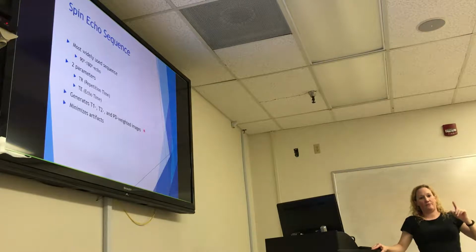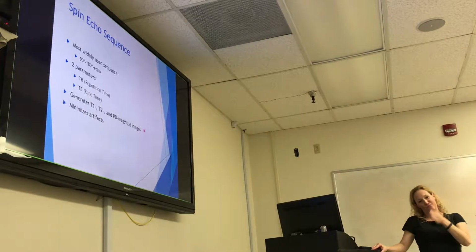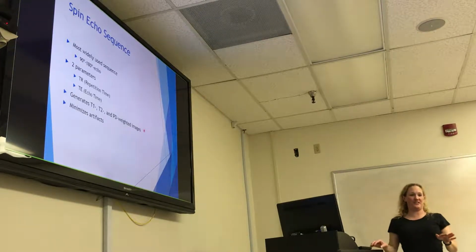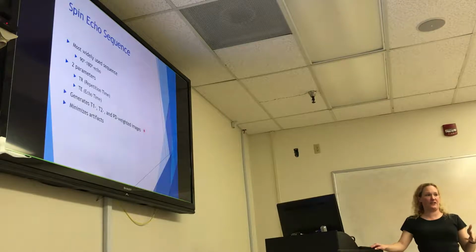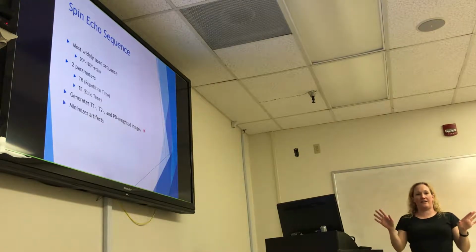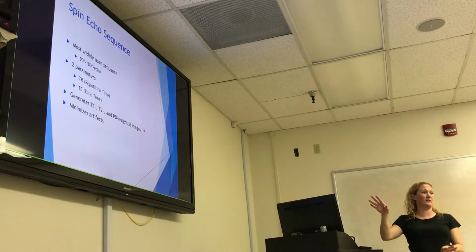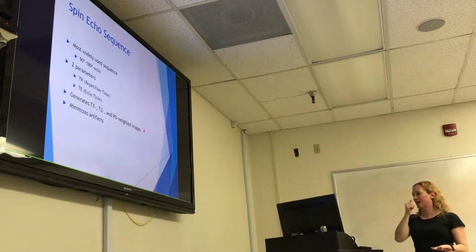So be sure that you're looking at your syllabus about what pages you're supposed to read, because you were actually supposed to stop reading right before you got to gradient echo. And so any of the questions that had to do with gradient echoes or gradient rephasing and dephasing, all of that is next quarter, okay? So just kind of put it out of your mind for now, because I want to start with this, which is the most basic kind of sequence. This is your regular spin echo sequence, okay?